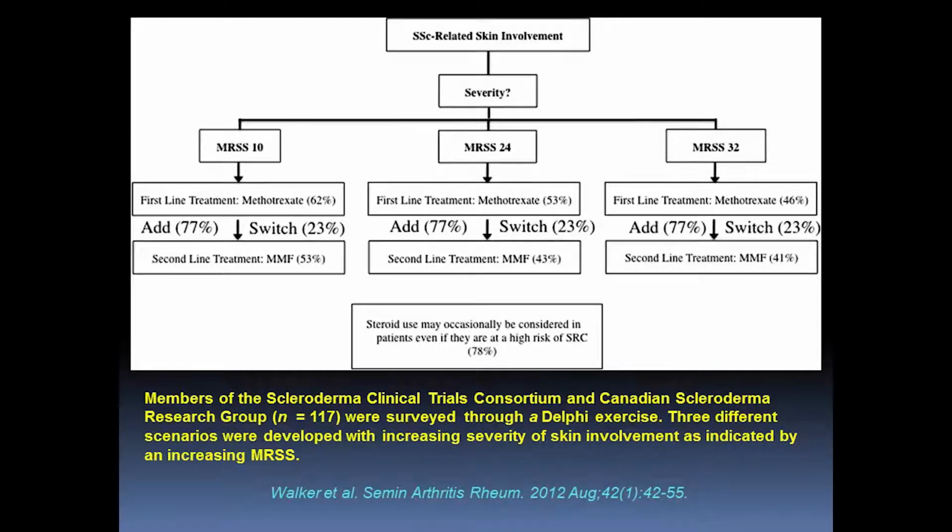And steroids were used every now and then. About 78% agreed that, in spite of the risk of precipitating renal crisis, physicians taking care of these patients would offer steroids, short courses of it. I am not entirely sure whether steroids have a big role in the management of scleroderma.